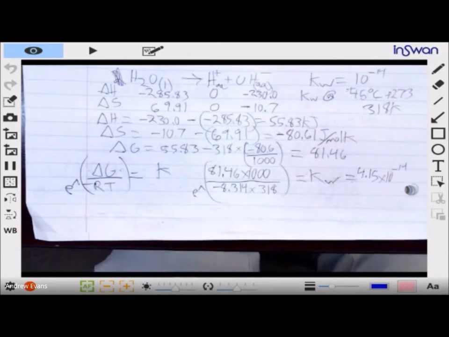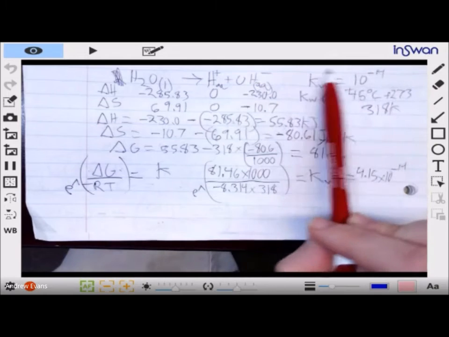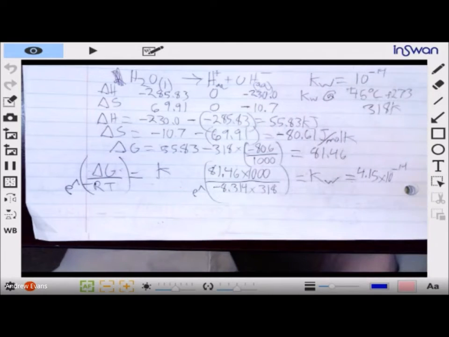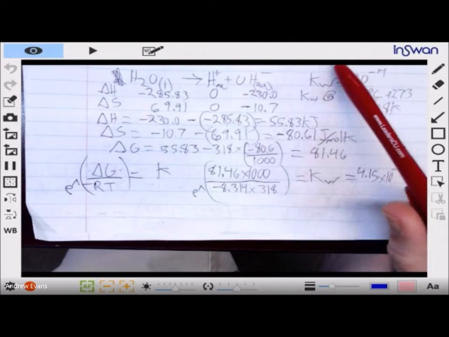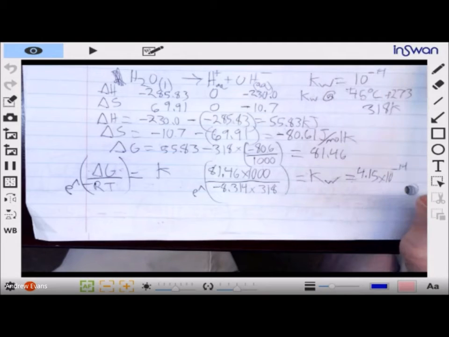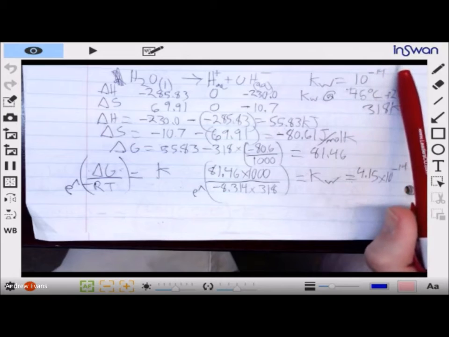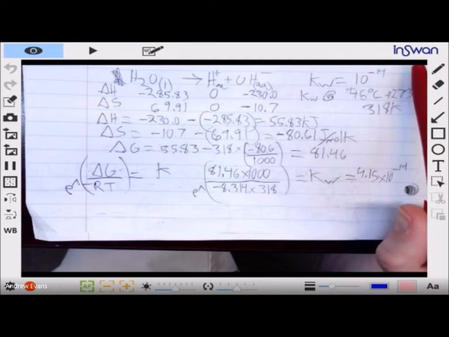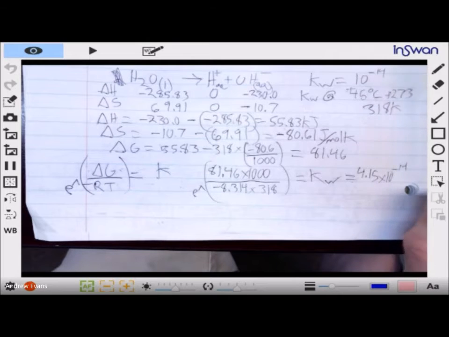So less spontaneous. Okay. Oh, how are we going to deal with this? Our non-standard is if we have our given delta G and we have various values for Q, we can look at how this is going to shift.